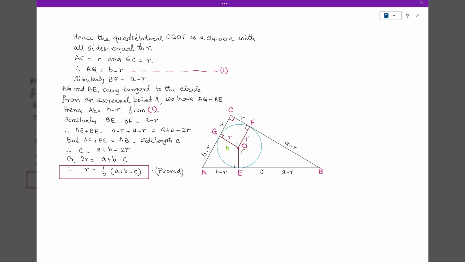Therefore, we know from geometrical theorems that this is equal to this. And because this is B minus R, this is also B minus R.